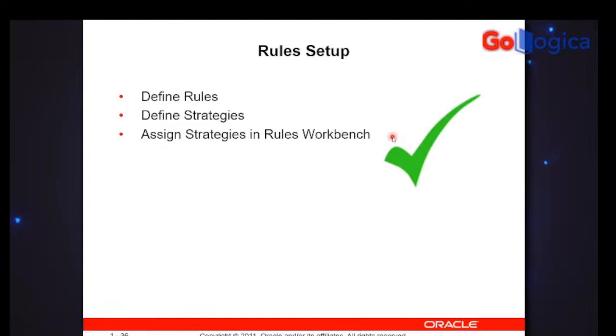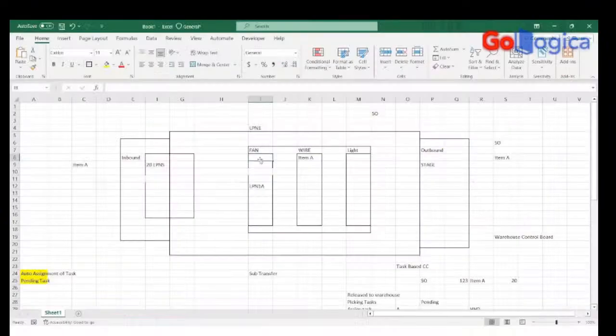in this case, let us say we have three types of SKUs here, right? Suppose when fan is coming, you have a separate rule for that. When wire is coming, you have a separate rule for that. When light is coming, you have a separate rule for that.